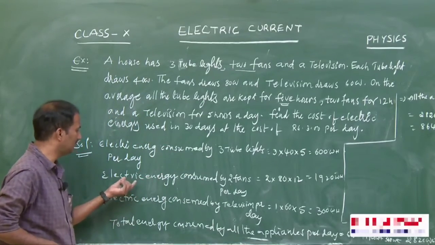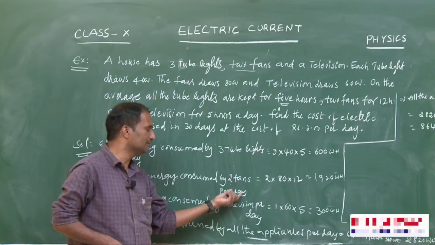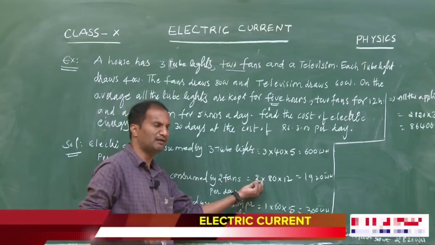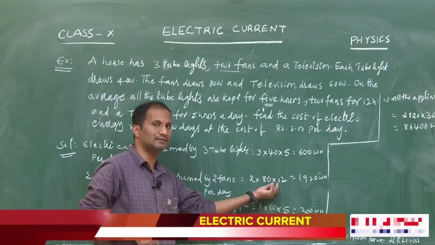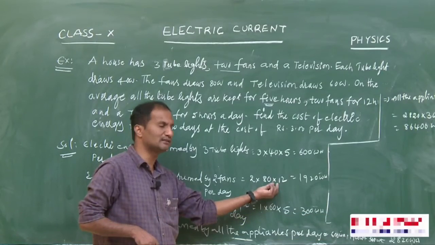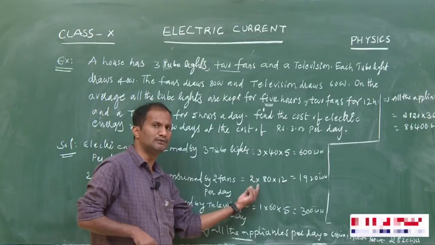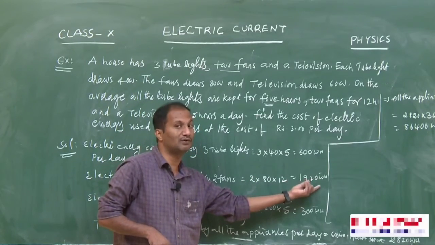Now we are going to calculate electric energy consumed by 2 fans per day. In that house we have 2 fans. Each fan's wattage is 80 watts and each fan is used on an average 12 hours per day. Now the total amount of energy consumed by 2 fans is equal to 1920 watt hours.